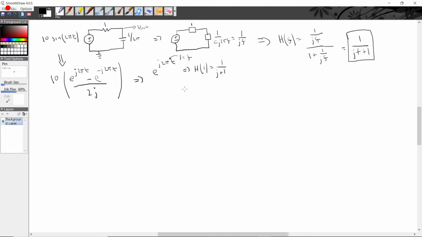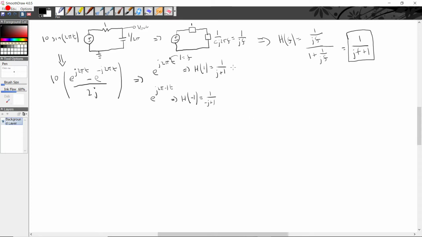All right, now I'm going to insert the other complex exponential in. And once again, I'm going to ignore the constants on the outside. e to the j 2 pi negative 1 t. So we're inserting our frequency of negative 1, and you're going to get 1 over minus j plus 1. Awesome.